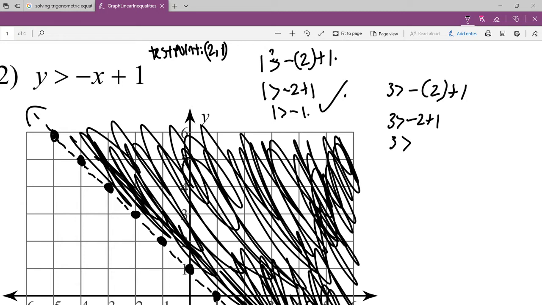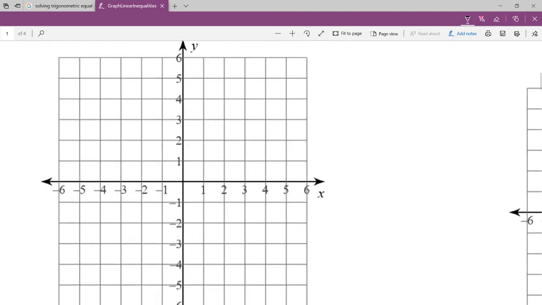So that's also a solution. That's why you shade the graph, because you're saying that that's also a solution. Okay, so we're going to do another one.